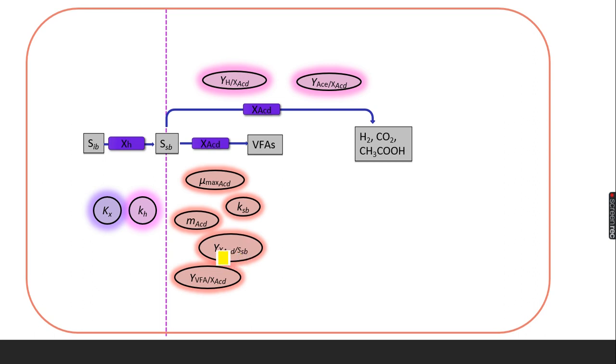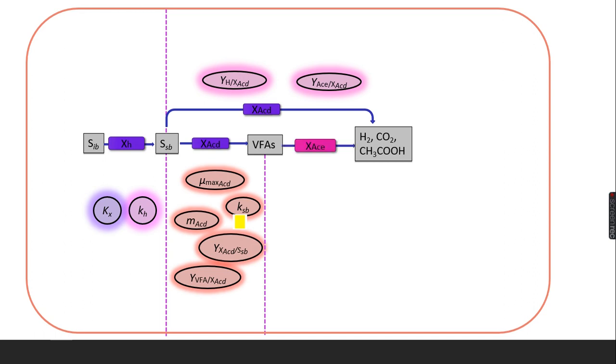Yield for biomass, YX acid by SSB: for the substrate consumed, how much acidogenic bacteria will be produced, and what is the VFA produced per acidogenic bacteria growing. So these are all parameters for this model. When we write for substrate consumption or acidogenic bacteria, we should keep this in mind. So this is one stage of our anaerobic digestion process.